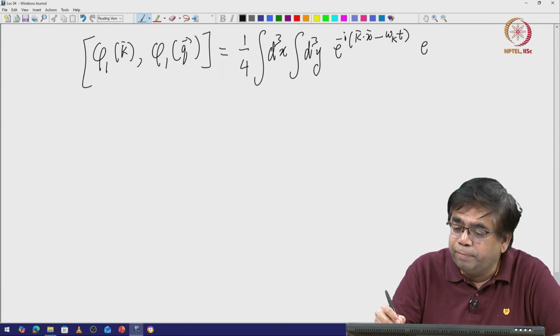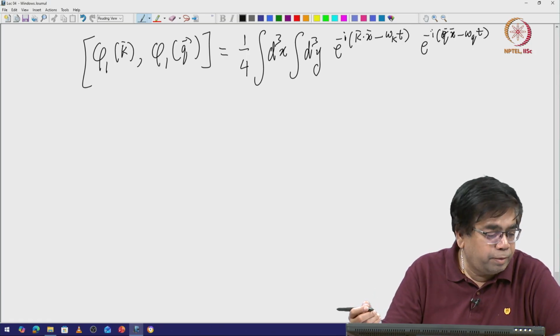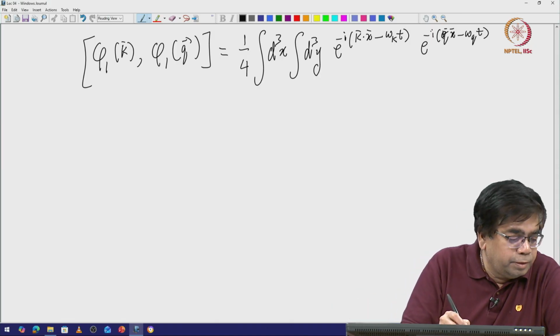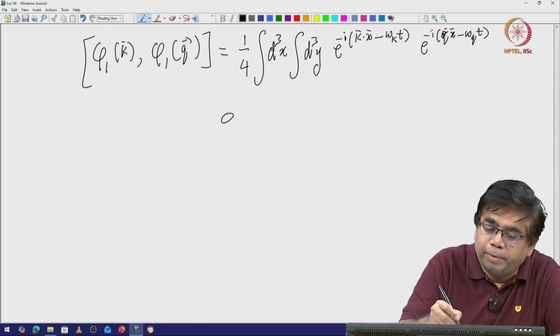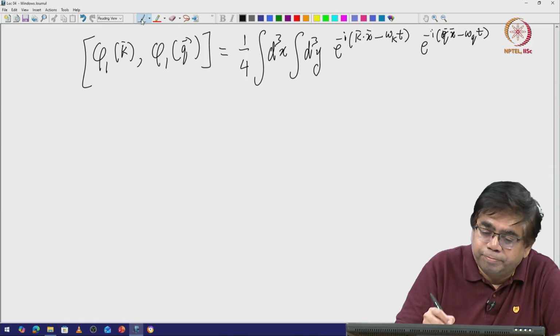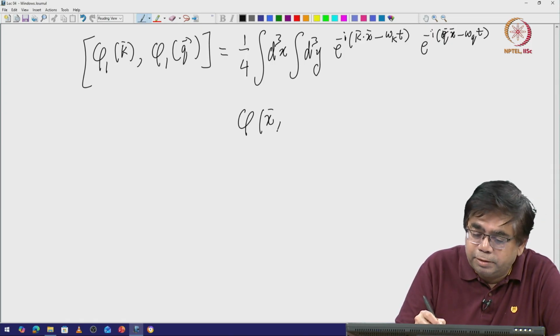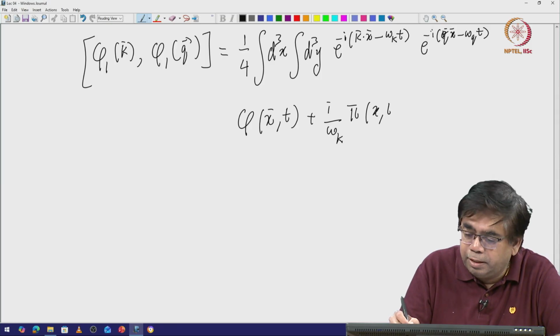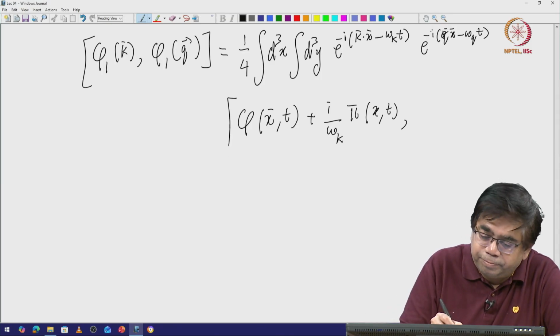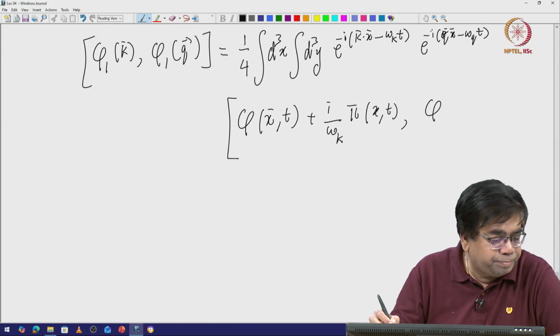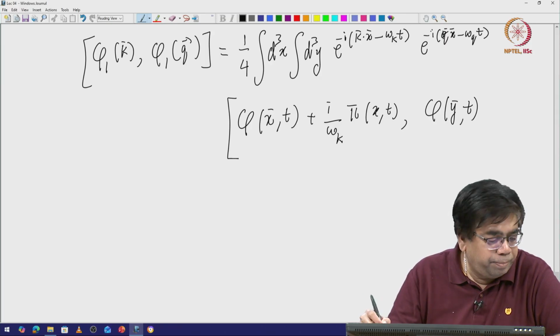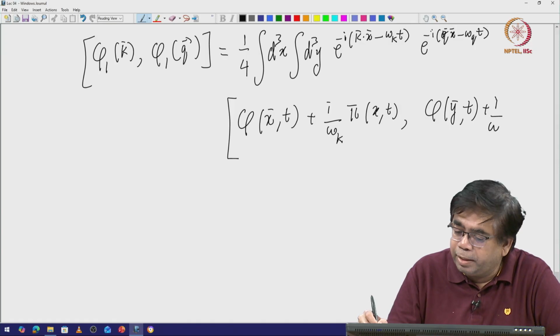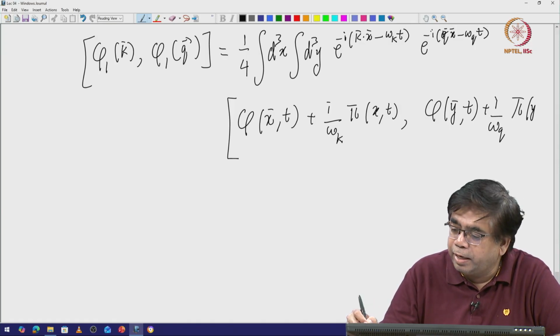The other one would be e power minus I q bar dot x bar minus omega q t, times, expand what is phi 1, I know what it is, phi of x t plus I by omega k pi of x t, commutator phi of y t plus I by omega q pi of y t.